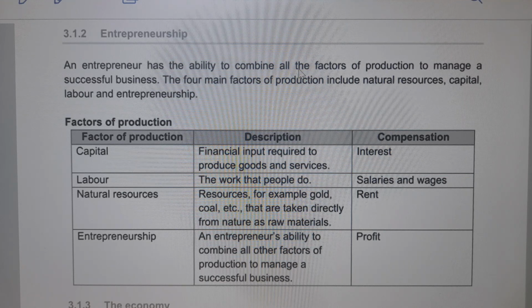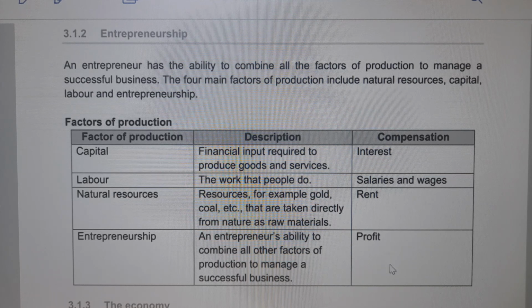Those are the factors of production, and they've been listed in the table here. They describe each factor of production and what the income from each factor of production is.